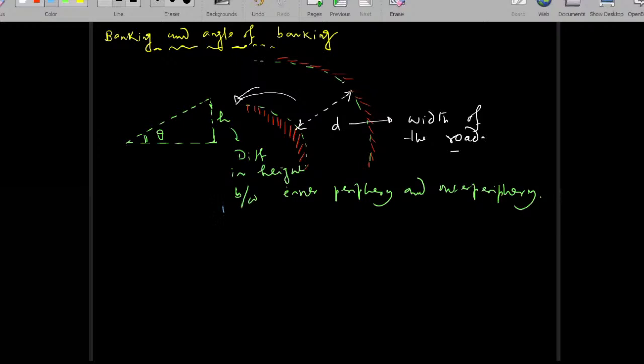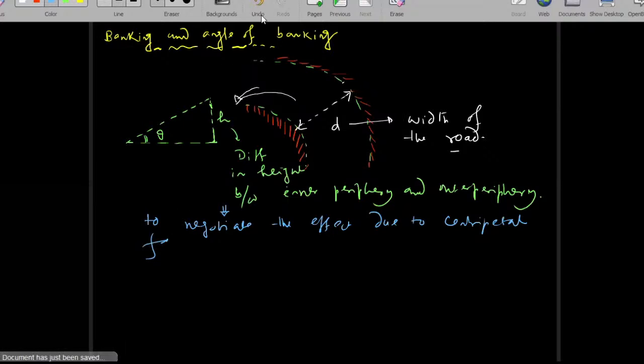For what exact reason is it being done? It is just done to negotiate the effect due to centripetal force.